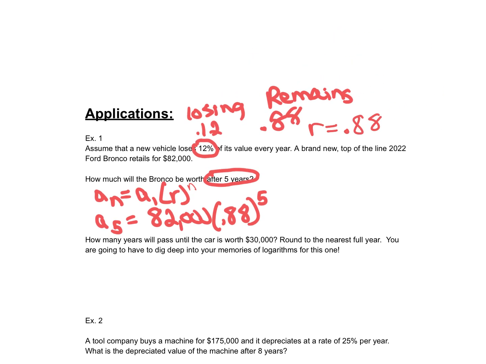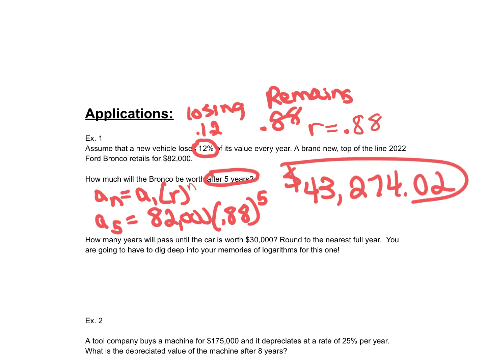So again, using our calculator, being careful to make sure that we are not doing anything with our parentheses that would make our calculator do anything incorrectly, we should get that the Bronco, after 5 years, is worth approximately $43,274.02. So in 5 years, it is almost worth half of what it was when you first bought it.